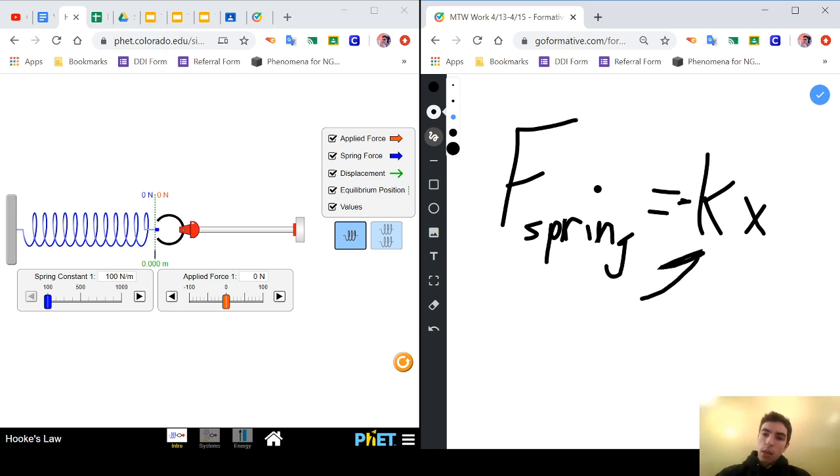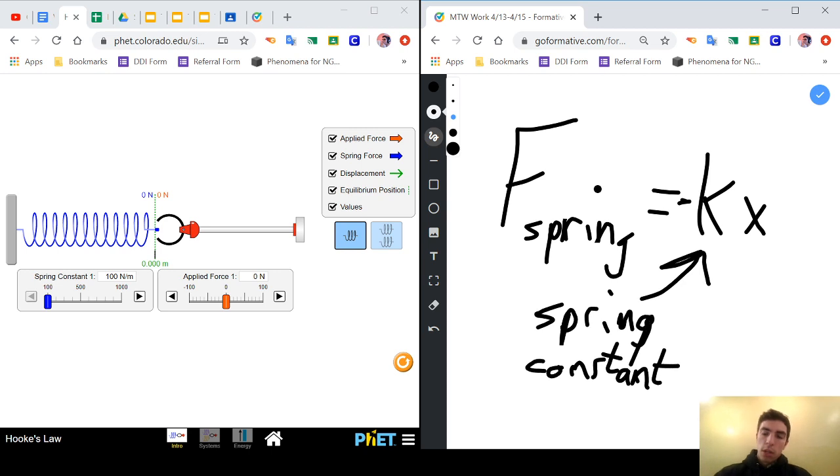And k is our spring constant. So that's what you can adjust on the bottom left part of this simulation over here. That's what we're adjusting, this k in our equation. And then we have x, and x is our displacement again. So again, that is the distance that we compress or that we stretch that spring from its equilibrium position.